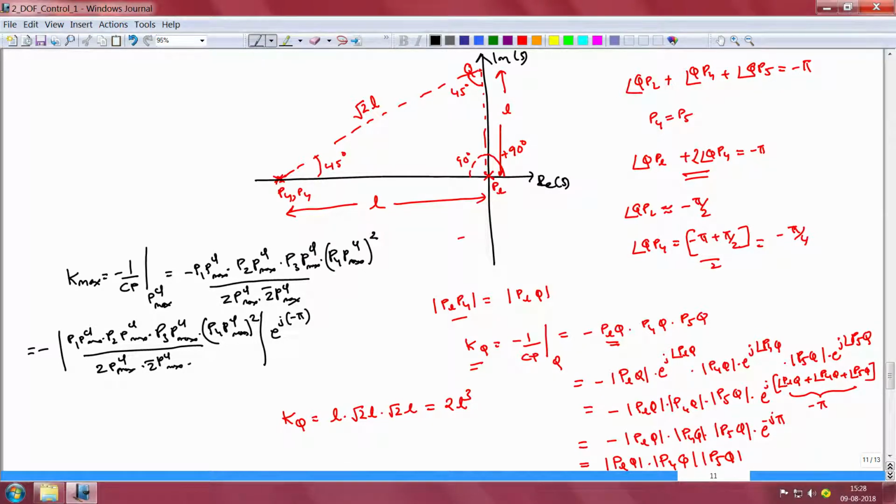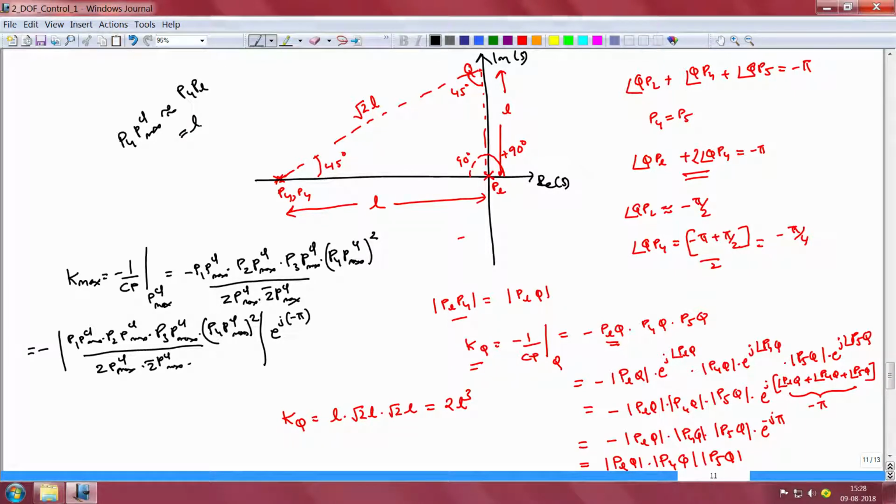Hence for all practical purposes we would have that |P4 PCL max| is approximately equal to |P4 PL|, which is the lumped pole at the origin.